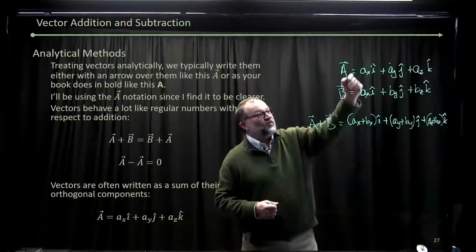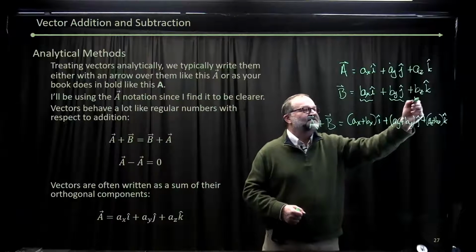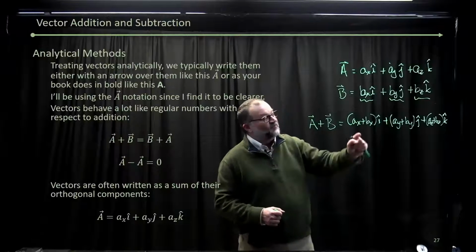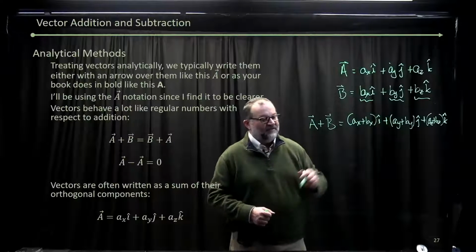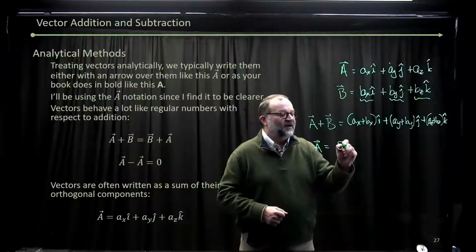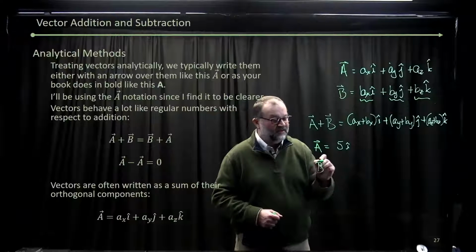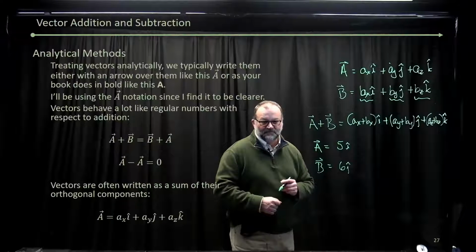So the X pieces add, the Y pieces add, the Z pieces add, and you're left with an X piece, a Y piece, and a Z piece. Let's give a simple example. If A is 5 i hat and B is 6 j hat, what would you do?